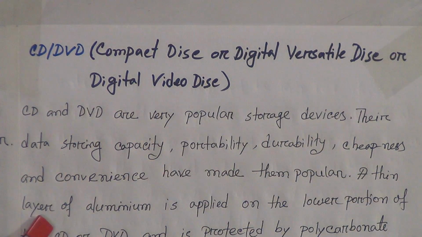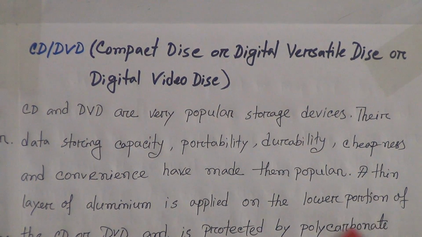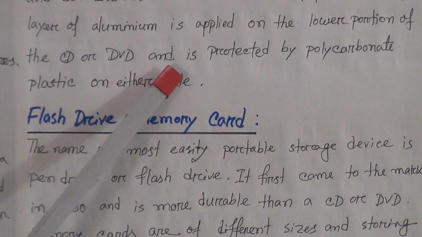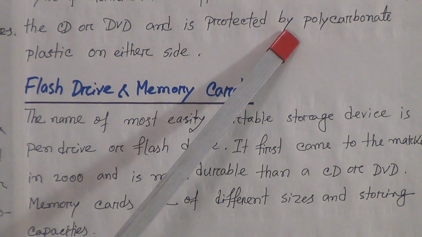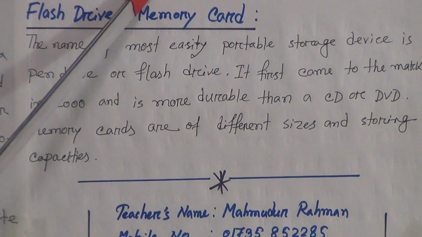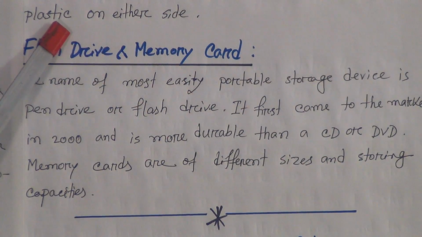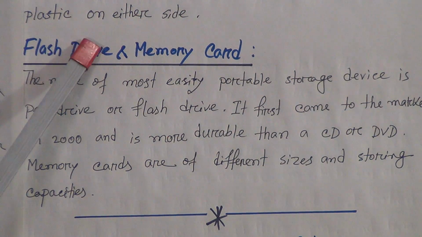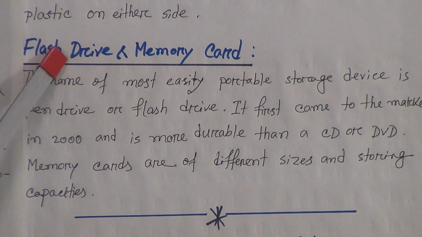A thin layer of aluminum is applied on the lower portion of the CD or DVD and is protected by polycarbonate plastic on either side. So this is the function and usefulness of CD and DVD.